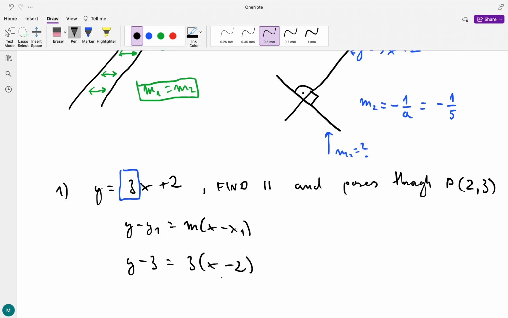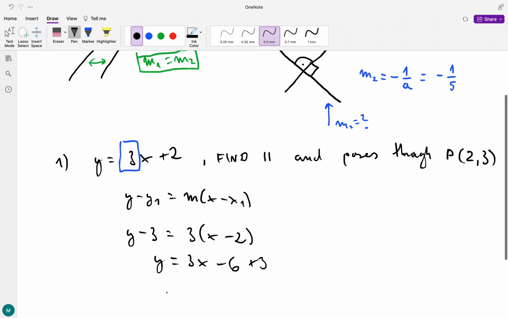Let's move some things around so we can get our line in slope-intercept form. I'm going to do it quickly in my head and skip some steps. Minus 6 plus 3, and it turns out that the line that's parallel to our original line, 3x plus 2, has the same slope, 3x, but the y-intercept of the line is -3.